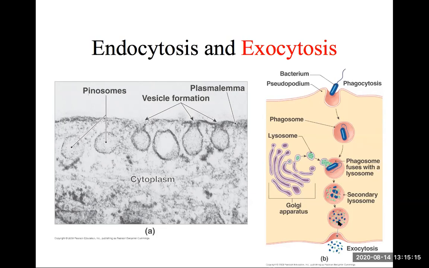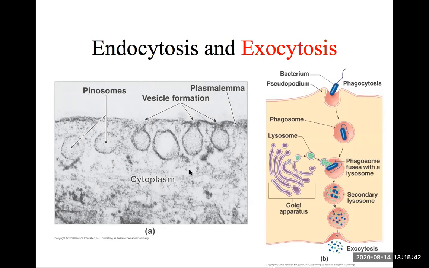And then the cell is going to get rid of it because it's not trying to eat it, it's just trying to destroy it. So the opposite of this invagination and surrounding is going to happen, where the vesicle now merges with the plasmalemma and dumps the material outside of the cell's body. So if you're getting it out of the cell, that is exocytosis.